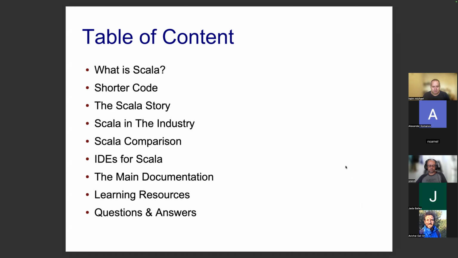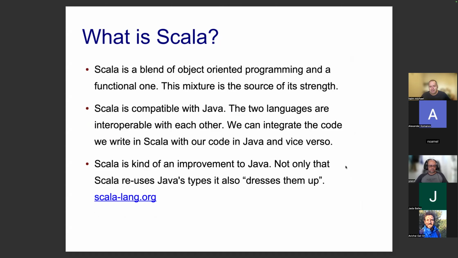So let's start. Scala is not just a functional programming language. It is also an object-oriented programming language, so you can use Scala in a similar way to other well-known object-oriented programming languages such as Java, C Sharp, and similar.